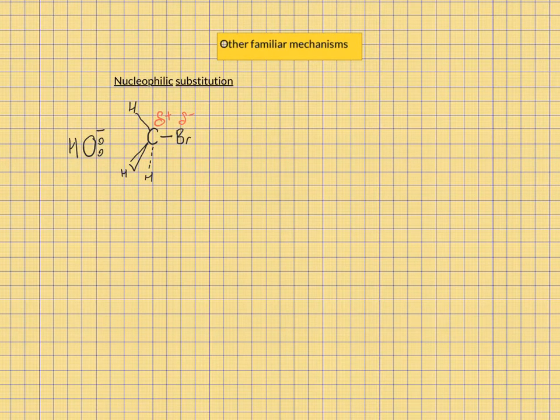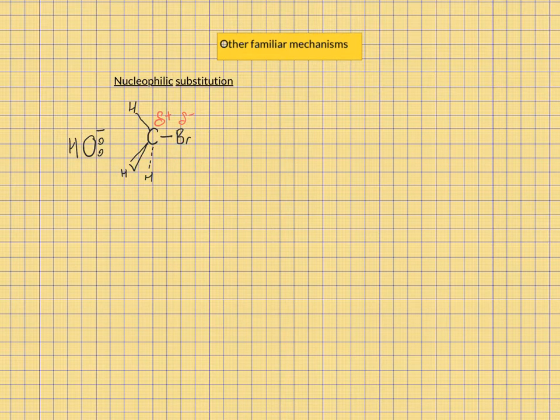So let's revisit why we suspect that the nucleophilic substitution reaction between hydroxide ions and the halogenoalkane will follow a rate expression involving hydroxide ions and bromomethane molecules.